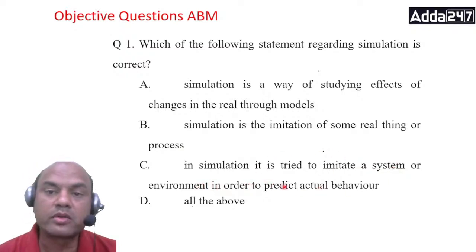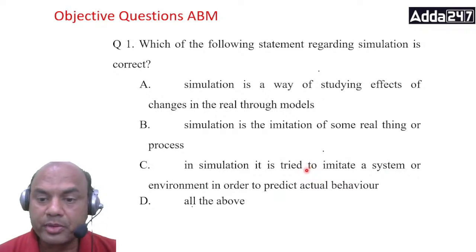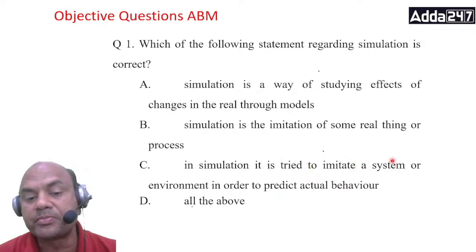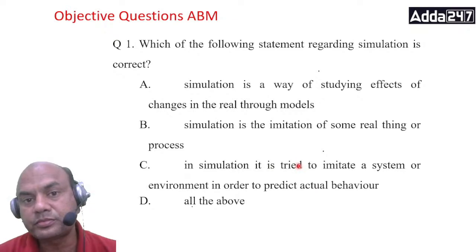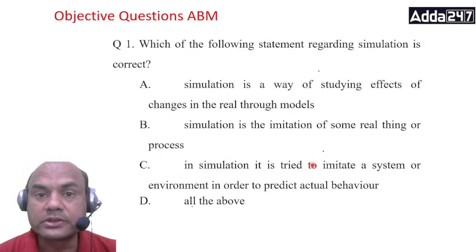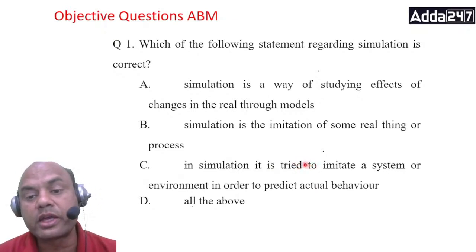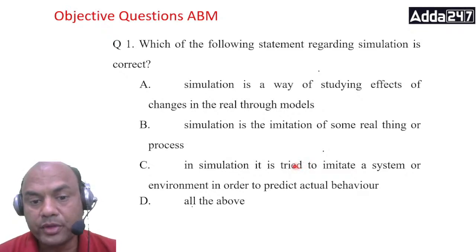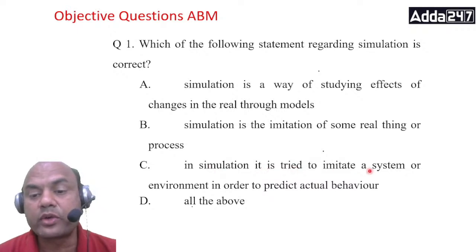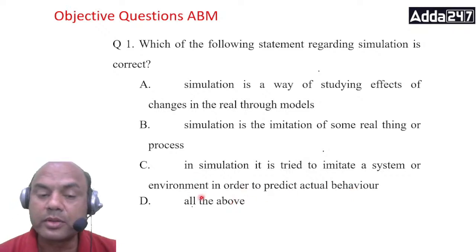This is the most important one, because here we try to imitate a system or environment. In finance also, we use simulation. We see various scenarios, and based on those scenarios, we create the various effects of those scenarios. So the correct answer is D, all of the above.